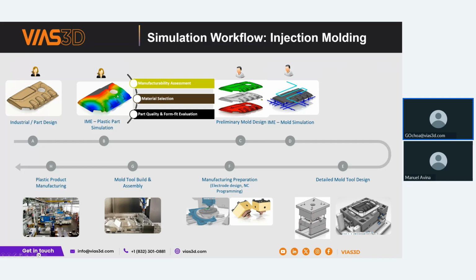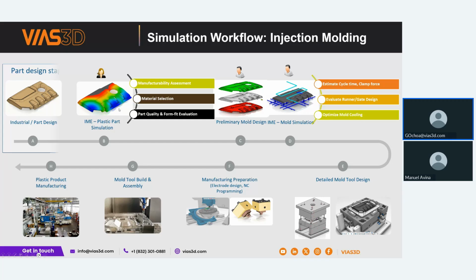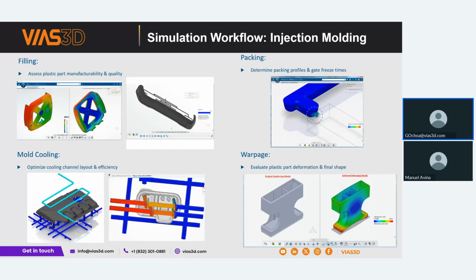So for today, we're going to be focusing on the part design side of things. That is, checking if the cavity will fill, required pressure, clamp force calculations, and other plastic part defects that could happen. This is the section of the workflow we're going to be focusing on regarding the MODSIM approach and how we can perform fiber orientation simulations.